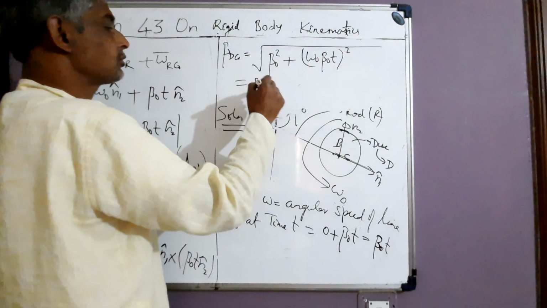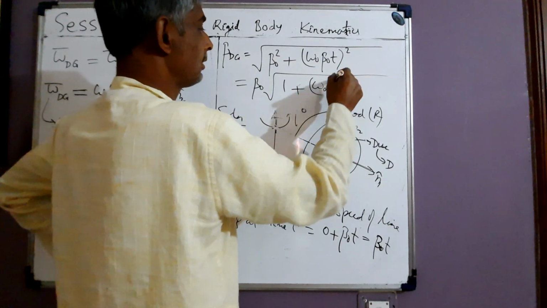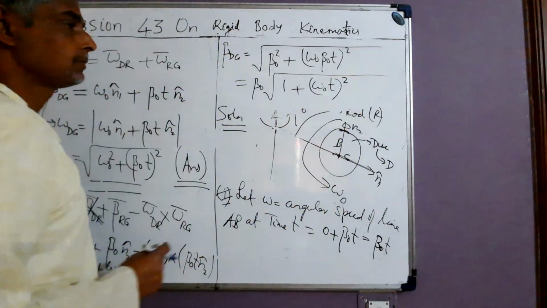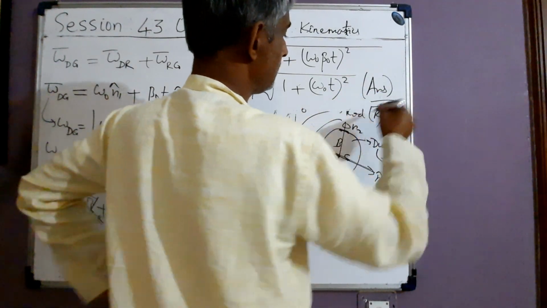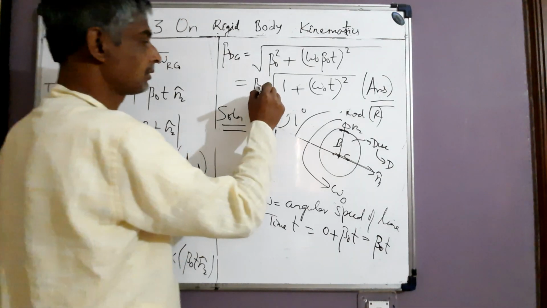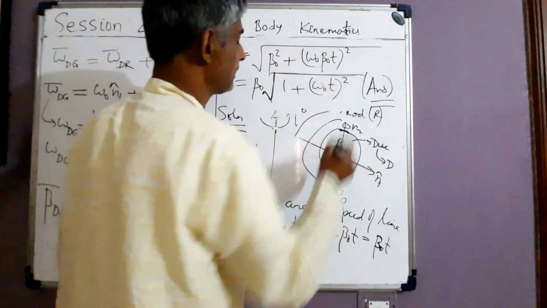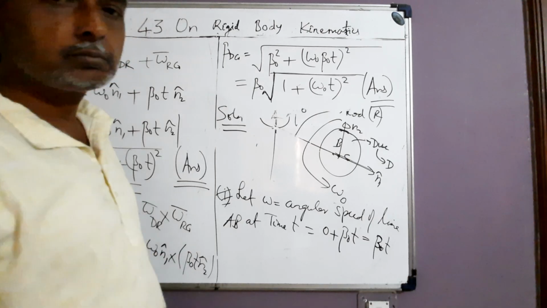So beta naught comes outside, root under 1 plus omega naught t whole square. So beta dg becomes beta naught root under 1 plus omega naught t whole square. That is therefore the required answer to the given problem.